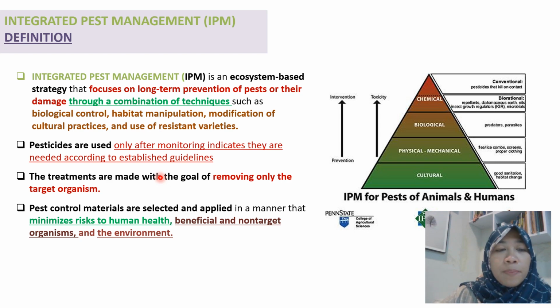That means specific. Pest control materials are selected and applied in a manner that minimizes risk to human health. If you use too much pesticide with unwise practice, the effect is not only on the environment and the biological agents, but the farmer will also get adverse effects.